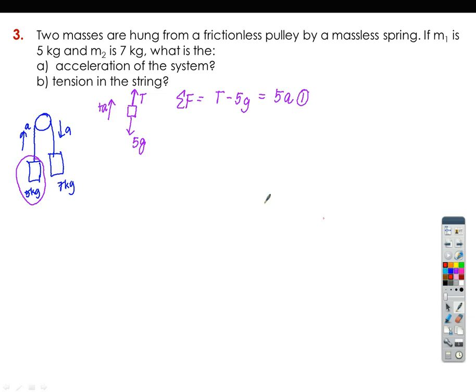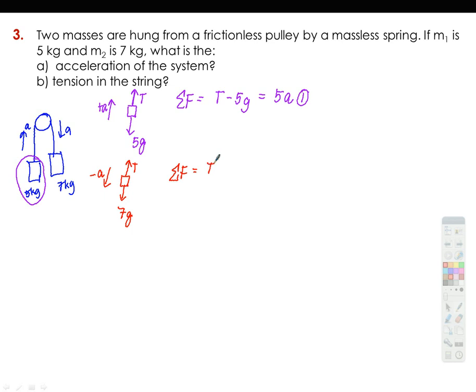Okay, next, for 7 kilograms. Okay, 7 kilograms, so that will be 7g. mg is for the force of gravity, and then tension is going up, and we know that the acceleration is going downward, so we're going to have a negative acceleration.